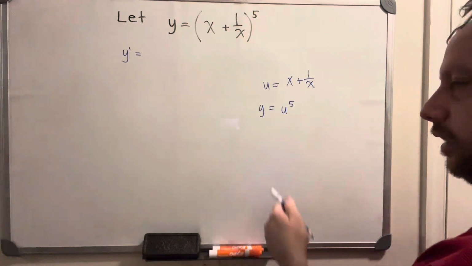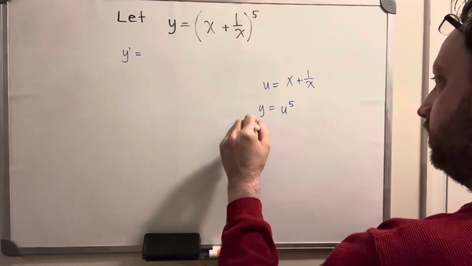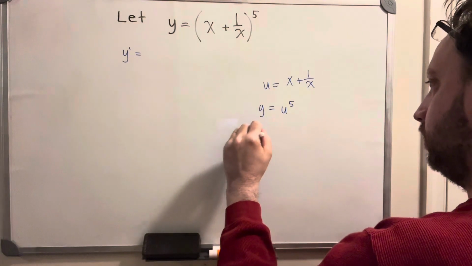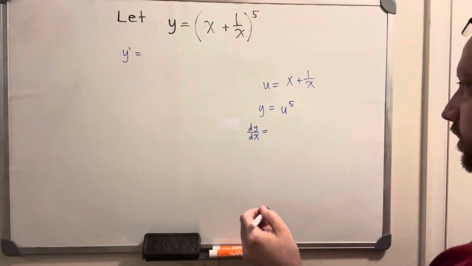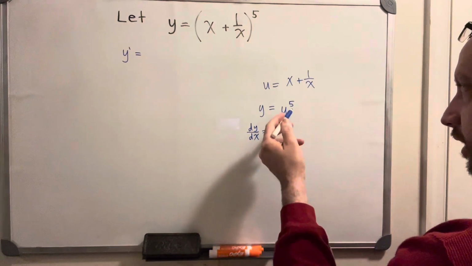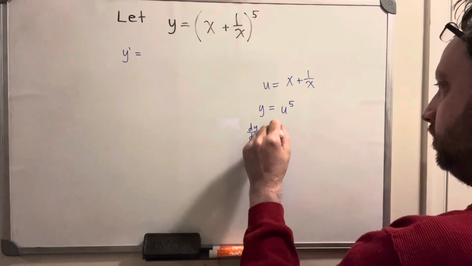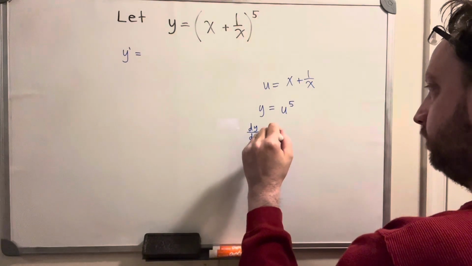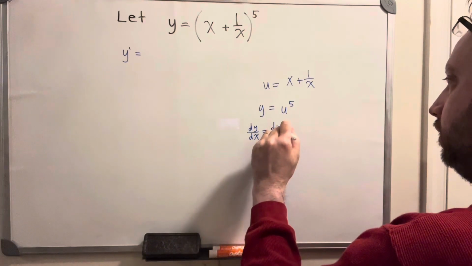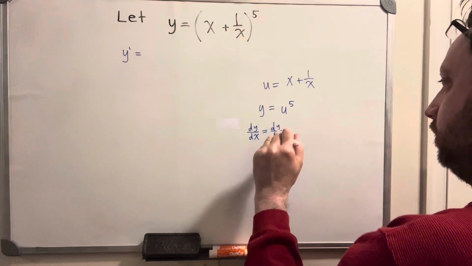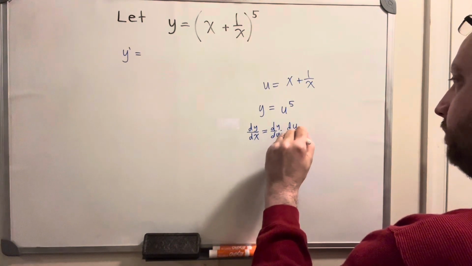And then the chain rule, which I won't show you the proof of here, is: if you want the derivative of y with respect to x, and you've got y as a function of u, you can do the derivative of y with respect to u times the derivative of u with respect to x.